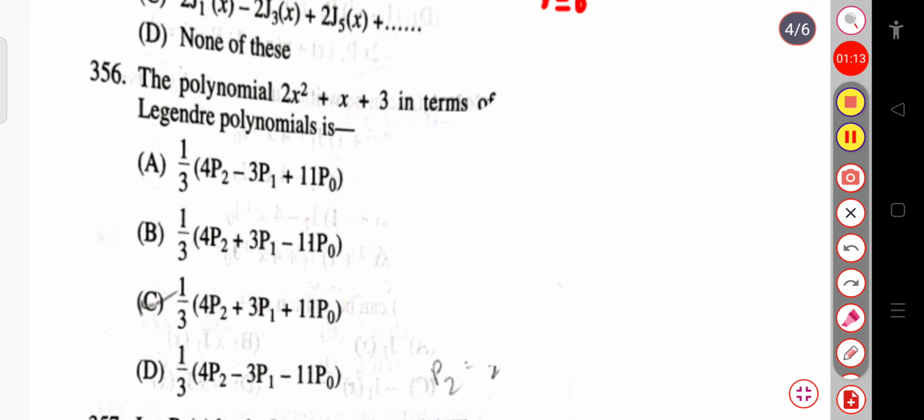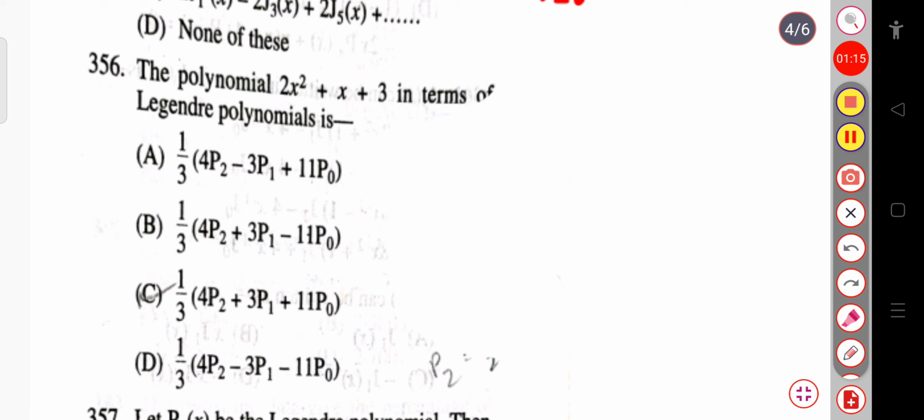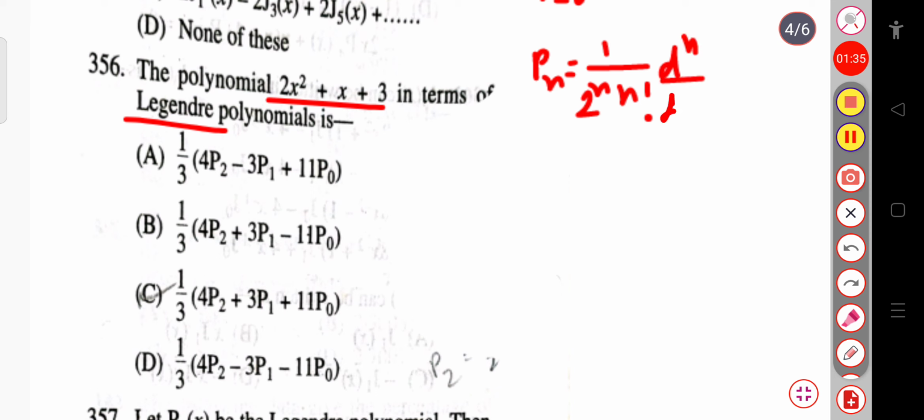Now the next question is, how can we represent the polynomial 2x square plus x plus 3 in terms of the Legendre polynomial. For this, you have to first remember that the Legendre polynomial Pn equals 1 by 2 power n into n factorial, the nth derivative of (x square minus 1) power n.